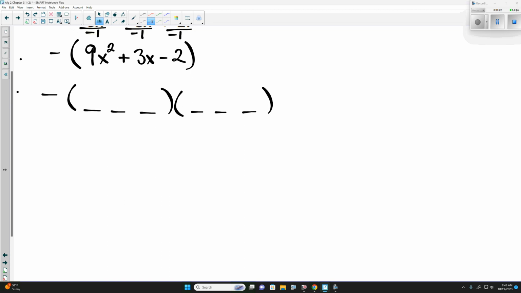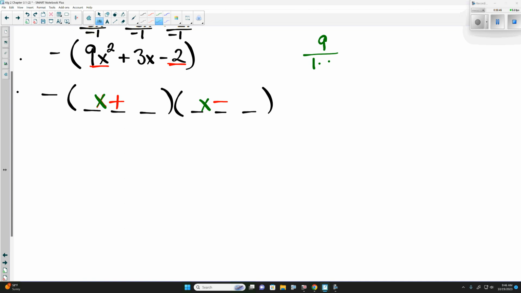Now, since the third term is negative, the signs are opposite. So one's going to be positive, one is going to be negative. We're going to look at the factors of the first and third term. Well, part of 9x squared, we have x and x.